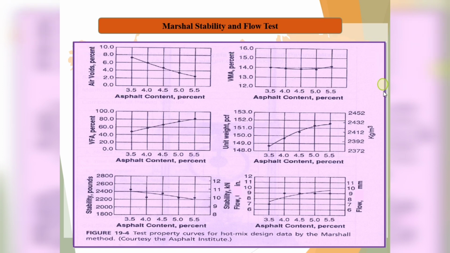So here is a chart by which we can compare our values of percentage VMA, VFA, and likewise flow and stability, to check where the graph line will show us.